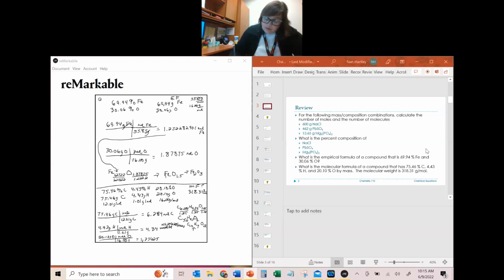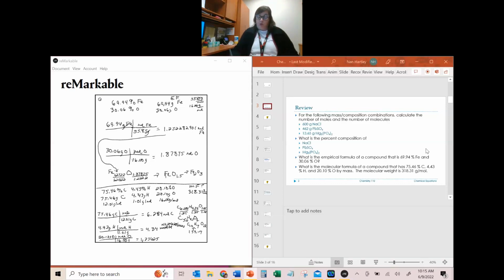I get 159.17. Now, they told me that the molecular weight was listed as 318, so that's not consistent with what I see here. I can take that 318.31 and divide that by 159.17. So I take the overall mass for the molecule, I divide it by the mass for the empirical formula.